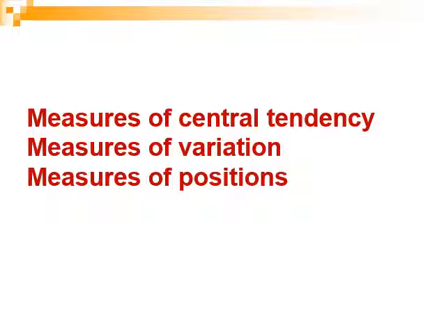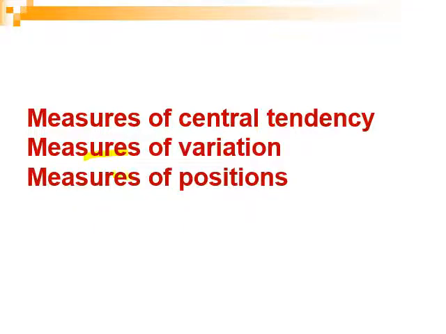Another type is the measures of variation, also called the measures of dispersion. This measure is very useful to know how the data are spread and how the values vary. So we will use measures like the range, the variance, and the standard deviation to measure the dispersion of the data.